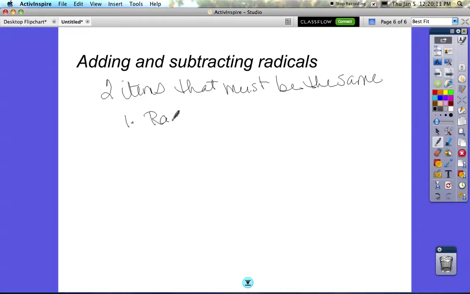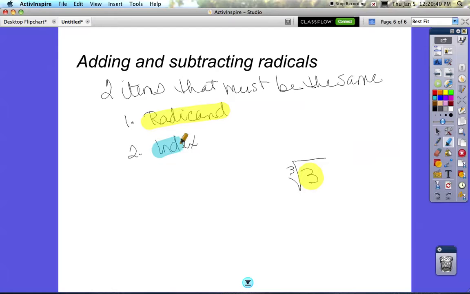Okay. And where would that fall? If you're looking at the cube root of 3, which one of those is the radicand? The big 3, the number under the radical, okay? What else has to be the same? The index. And which one is the index?